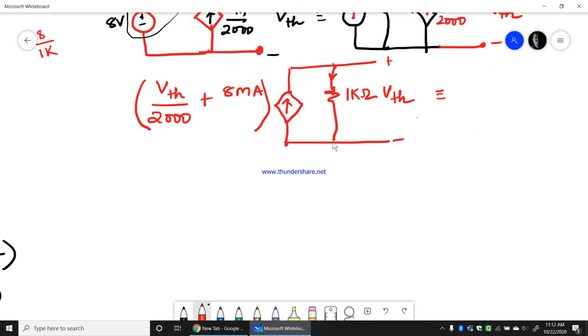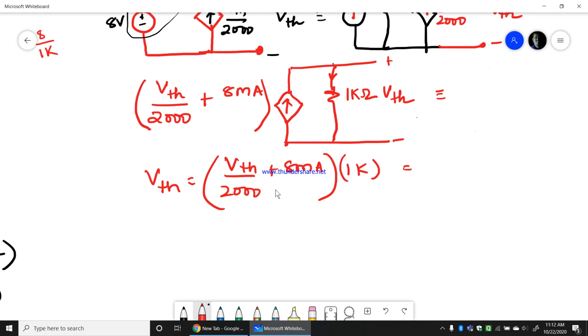So the voltage across this would be the same current flowing. Therefore VTH would be equal to VTH by 2000 plus 8 milli, multiplied by 1K. So if you multiply that, I get VTH divided by 2.